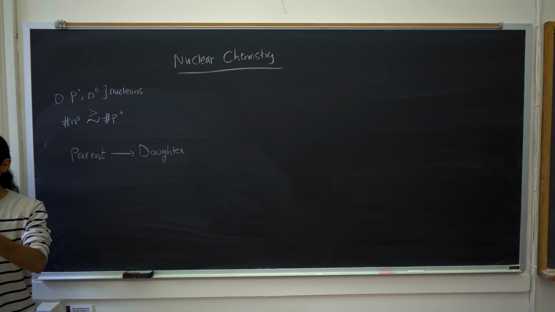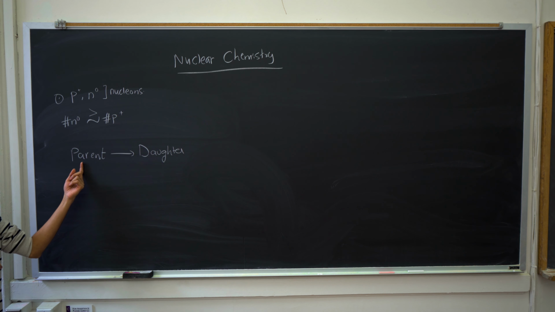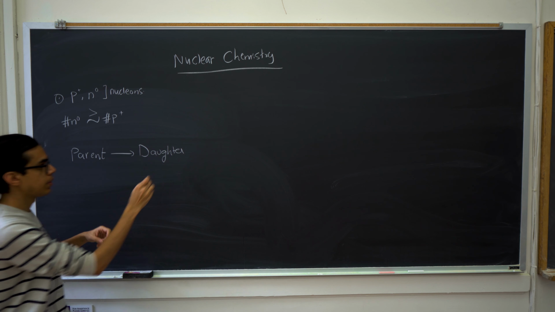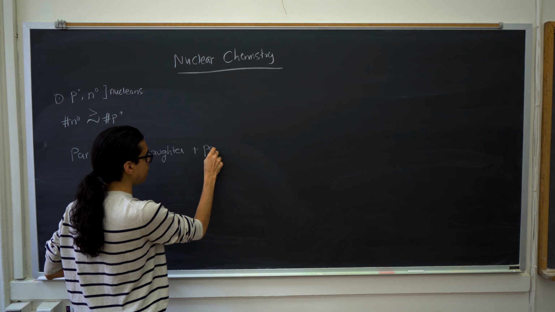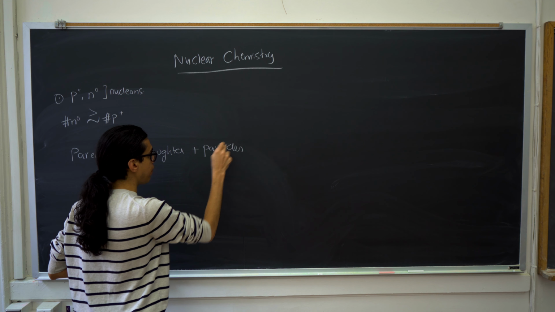Sometimes a nucleus can literally break in half, and so you get two very light daughter nuclei. But often what happens is you have a heavy nucleus that breaks up into a slightly lighter nucleus, and chips away at the mass. So small particles are given off, plus some particles. This is nuclear decay, right? Because a heavy thing is decaying into a smaller thing and a bunch of small particles. This is decay.